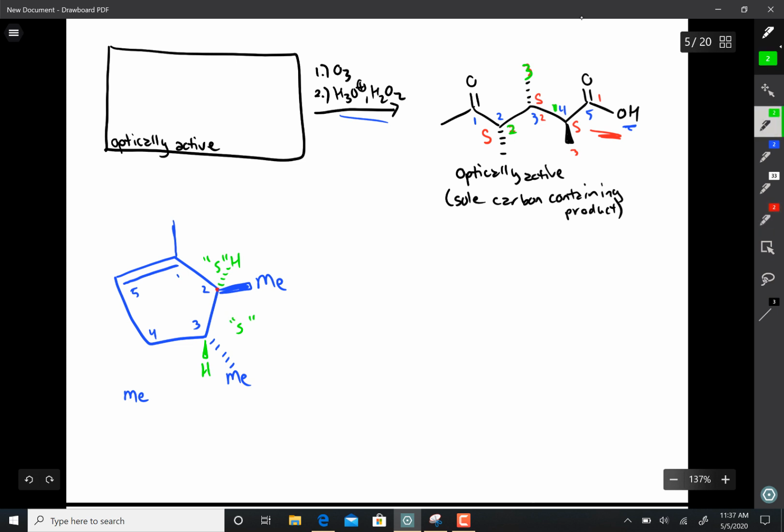Last one. This has the highest priority. That's 1. Next is this one. Next is this one. 1, 2, 3. And again, we're looking at an S. The hydrogen would be coming at us to go from the 1 to 2 to 3. That would make that methyl group then a dash.